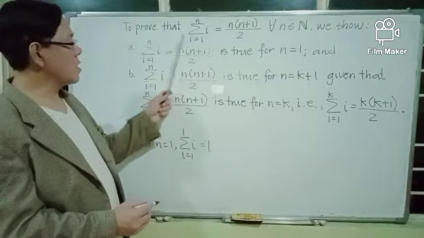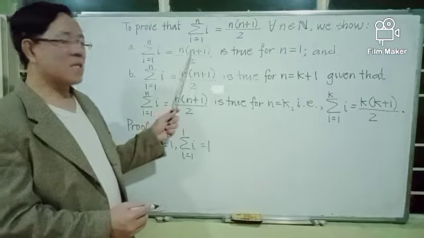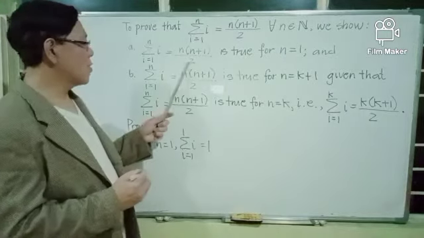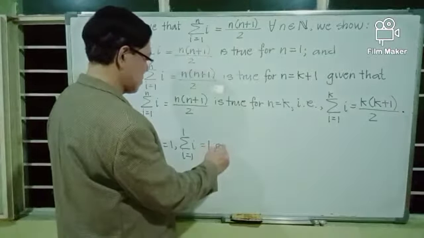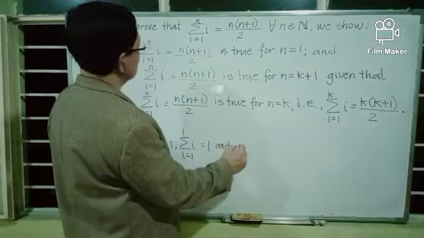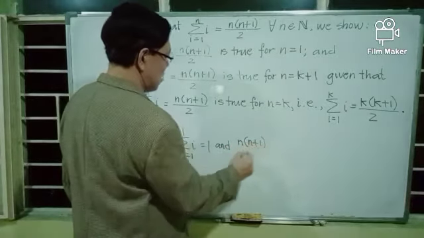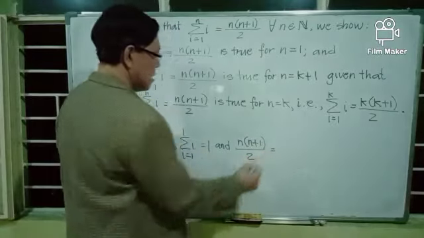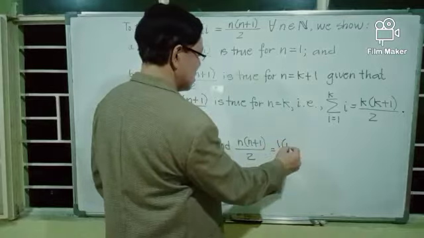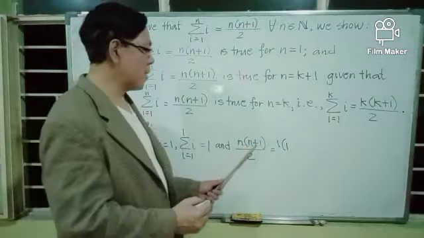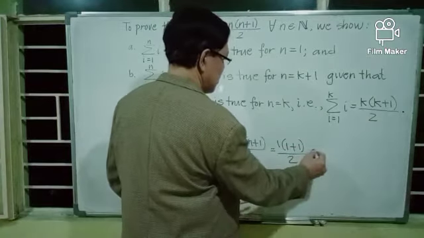We compute the value of the right-hand side. n times quantity n plus 1 all over 2, where n equals 1. If n is 1, we have 1 times quantity 1 plus 1 over 2.